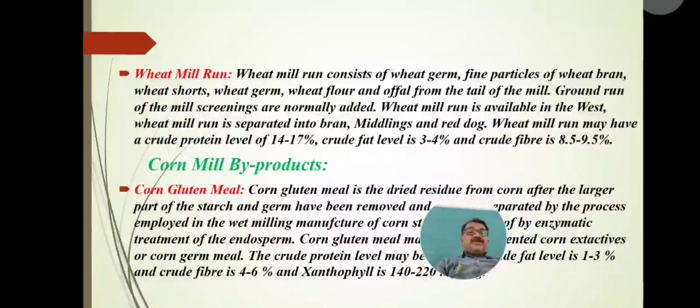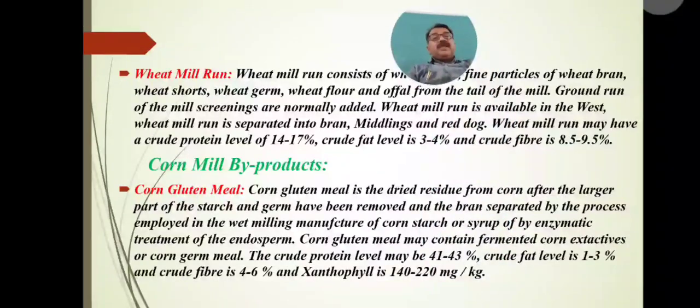Crude protein level is 14 to 17%, crude fat level is 3 to 4% and crude fiber level is 8.5 to 9.5%. Such an ingredient is important and useful for the feed of fish.